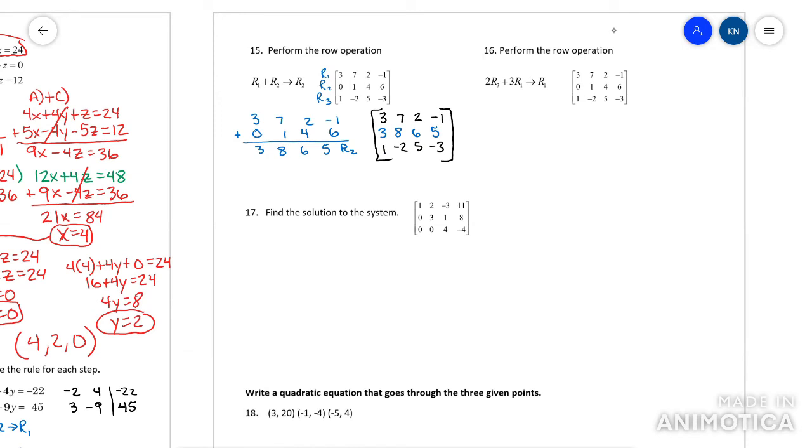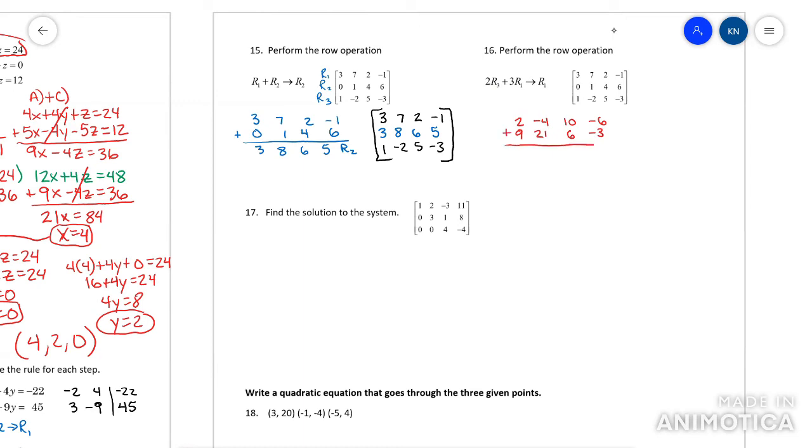Okay, this next one, they want you to do 2 times row 3 plus 3 times R1, and then rewrite it in R1. So 2 times row 3, 2 times everything here is going to be 2, -4, 10, -6. Plus 3 times row 1, so 3 times everything here is going to be 9, 21, 6, -3.